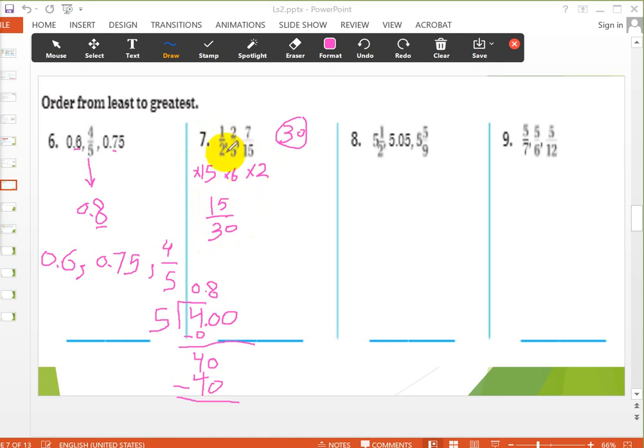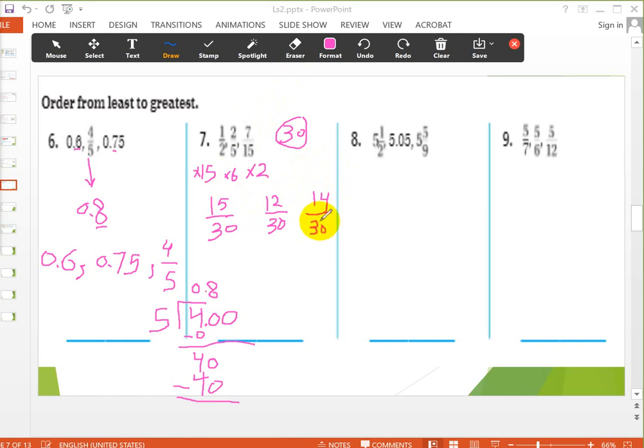Now 6 multiply 2 over 5. 6 multiply 2 equals 12. 6 multiply 5 equals 30. Now I will multiply 2 with 7 over 15. 2 multiply 7 equals 14. 2 multiply 15 equals 30.